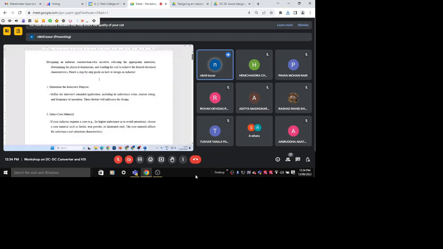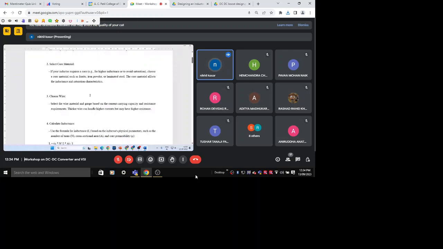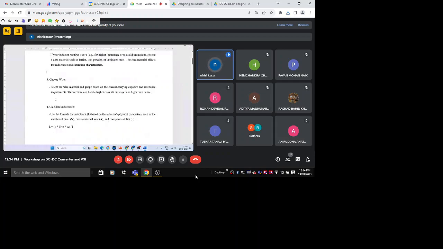Okay, so second and important step is selection of core. How to use core table we will see in this. How to choose the conductor that we are going to use करने वाले हैं, how to select that gauge.